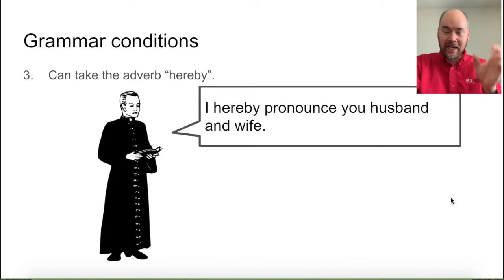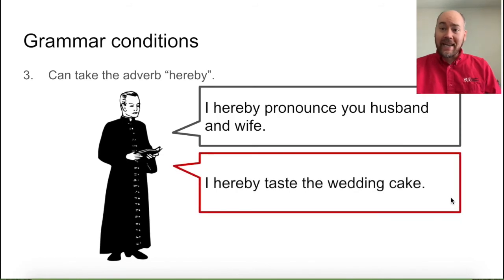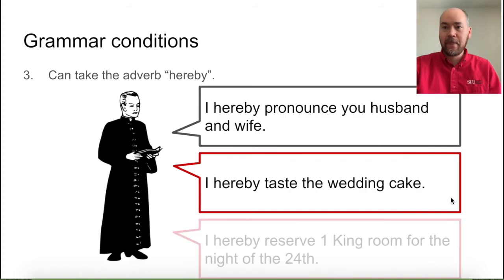The adverb hereby usually comes right before the verb there. I hereby taste the wedding cake doesn't work because hereby has to come with a performative and taste is not a performative. That is to say, you don't taste the wedding cake by saying, I taste the wedding cake, the same way that you pronounce someone husband and wife by saying, I pronounce you husband and wife.